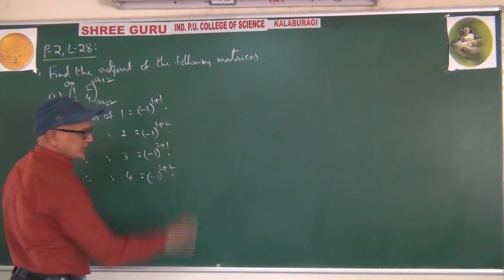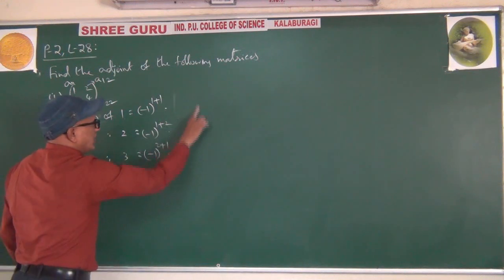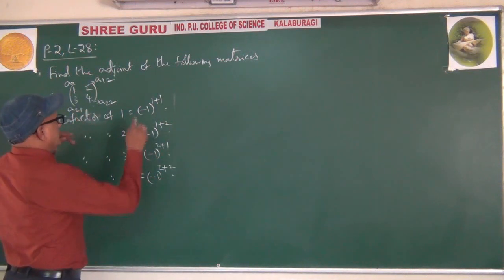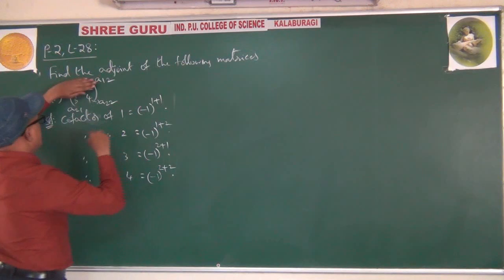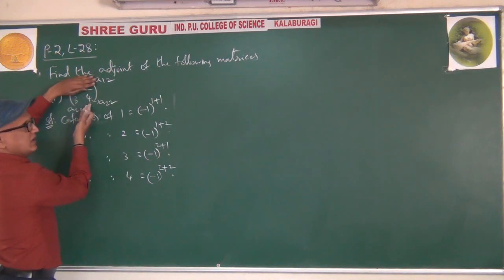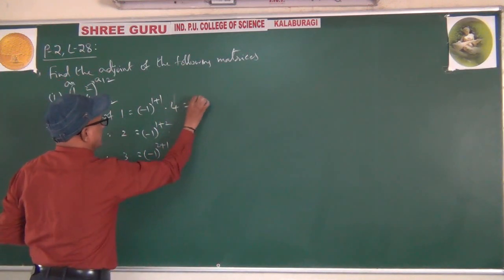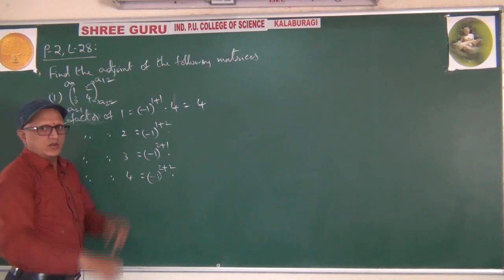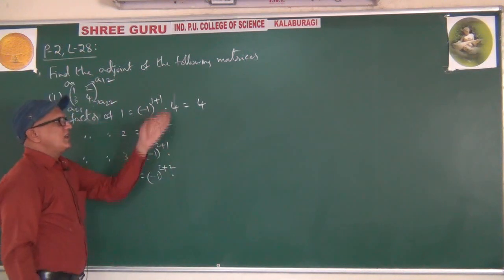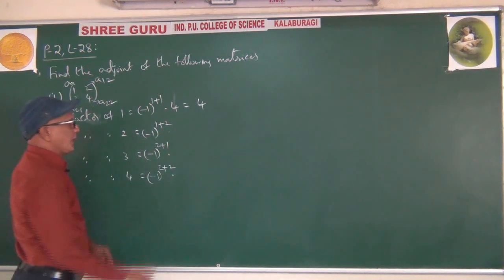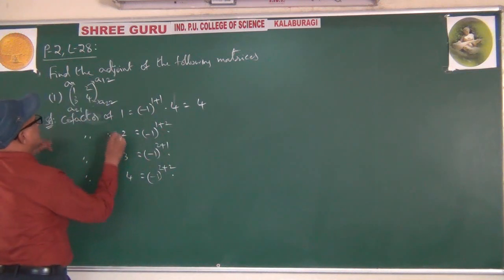Into determinant of. Remove first row, first column. What is the determinant of 4 is there, that's it. No need to write determinant again. Only one number is there. Why write determinant? 2, where is 2? Here.